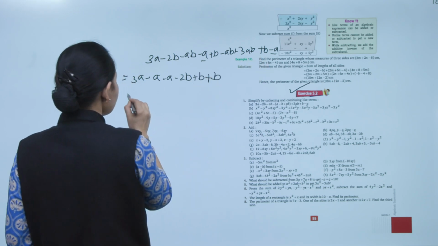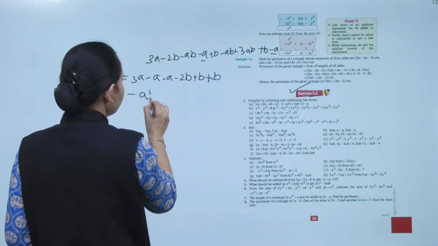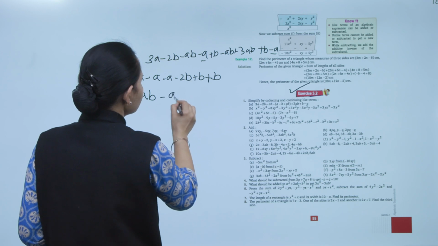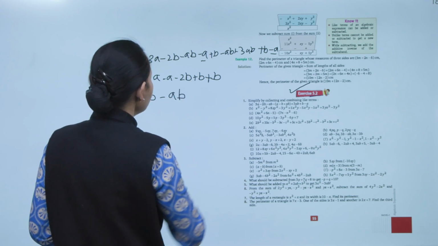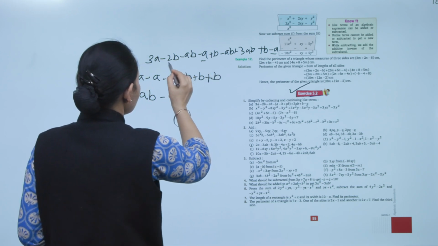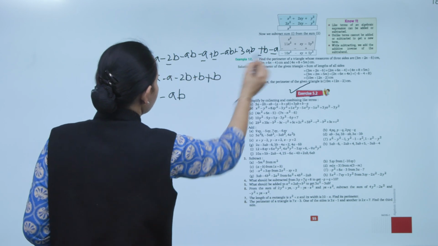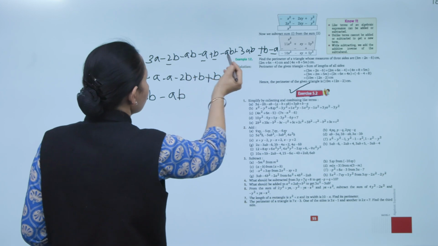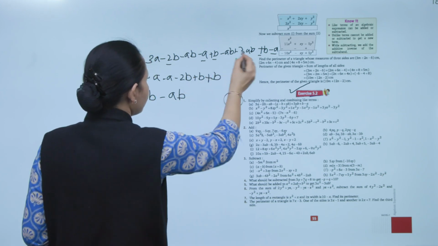Clear? Next is minus ab, that is minus ab. The b terms are all written, minus ab and minus ab plus 3ab.